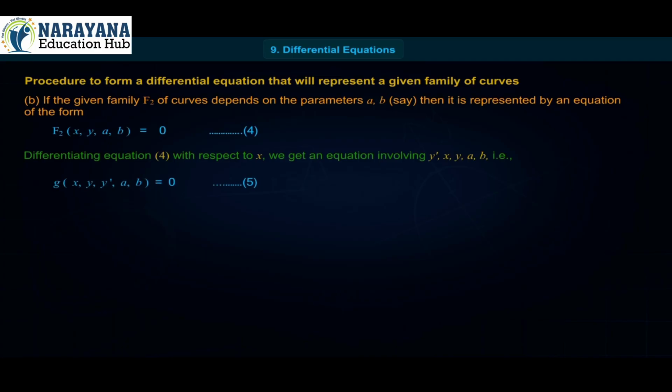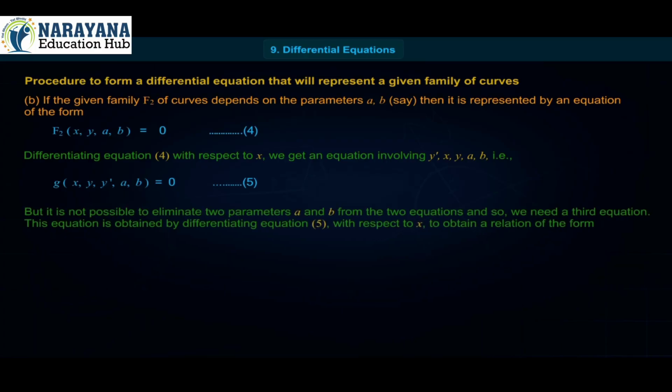That is, g of x, y, y dash, a, b is equal to 0, equation 5. But it is not possible to eliminate two parameters a and b from the two equations, and so we need a third equation.